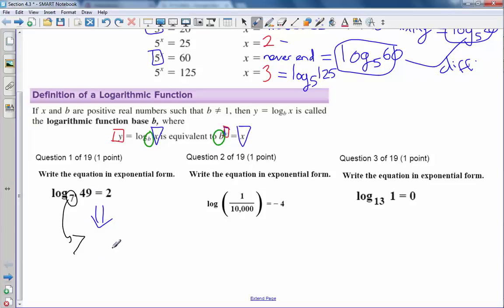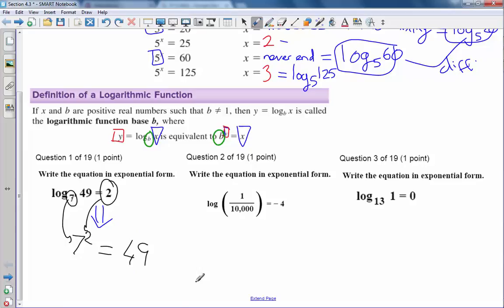But the number inside the logarithm goes to the other side of the equation. And the result goes to the exponent. The base is the base. The prisoner captured in the logarithm is the new result. They are reordered. Can you see that reordering?